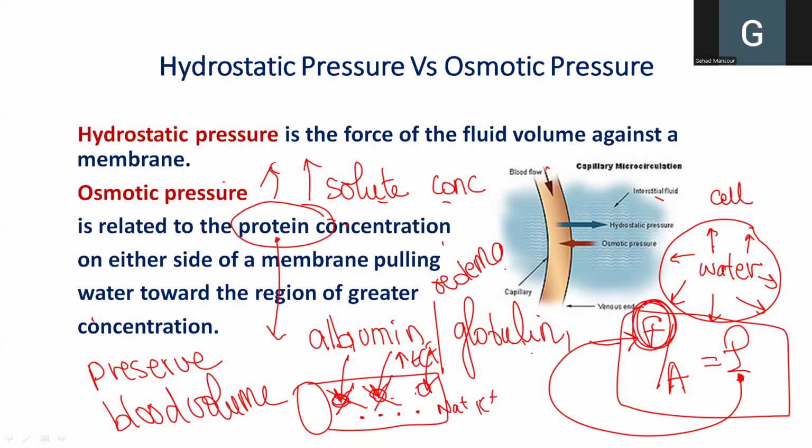So these protein molecules cannot leave the blood, because unlike sodium and potassium, which exert osmotic pressure that helps inward pulling of water but are all the time moving inwards and outwards, whether passively or actively.